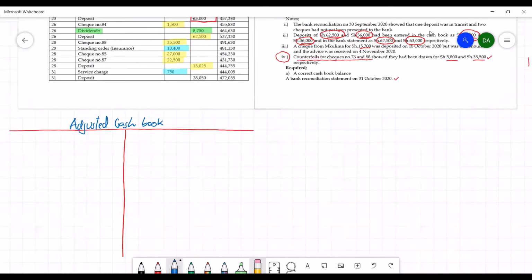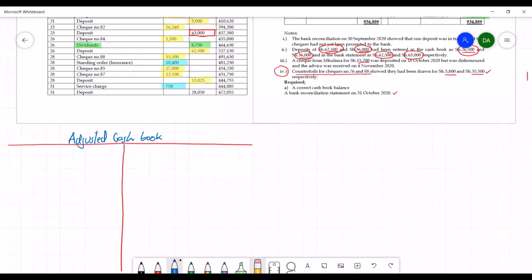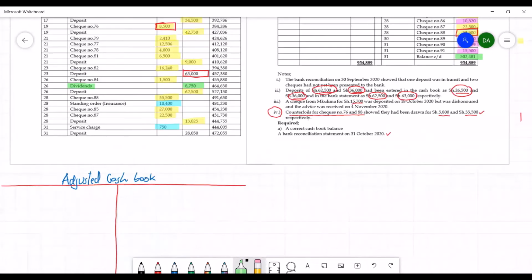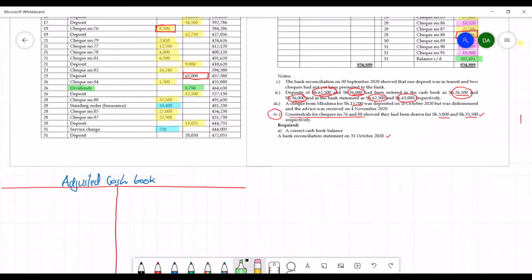It begins with the closing balance of the unadjusted cash book, which is equal to 502,481.